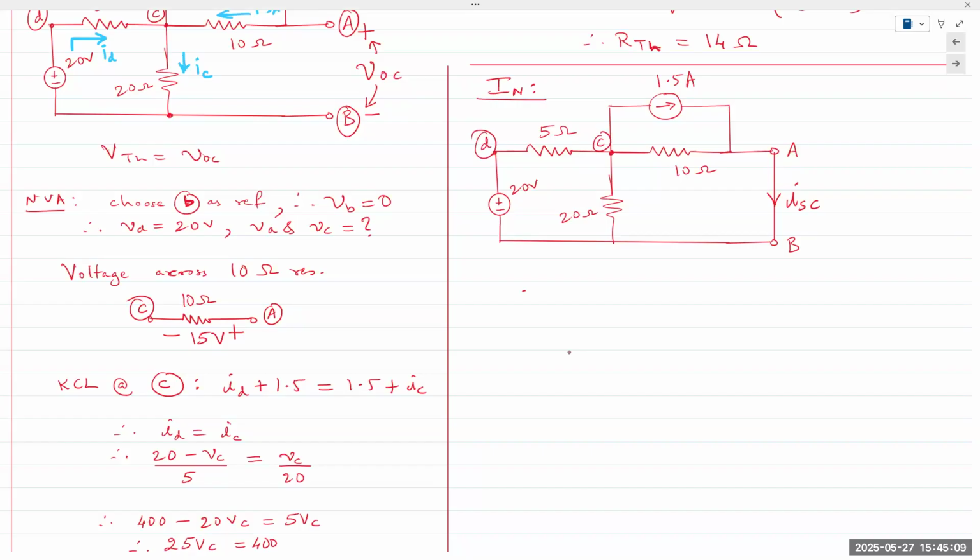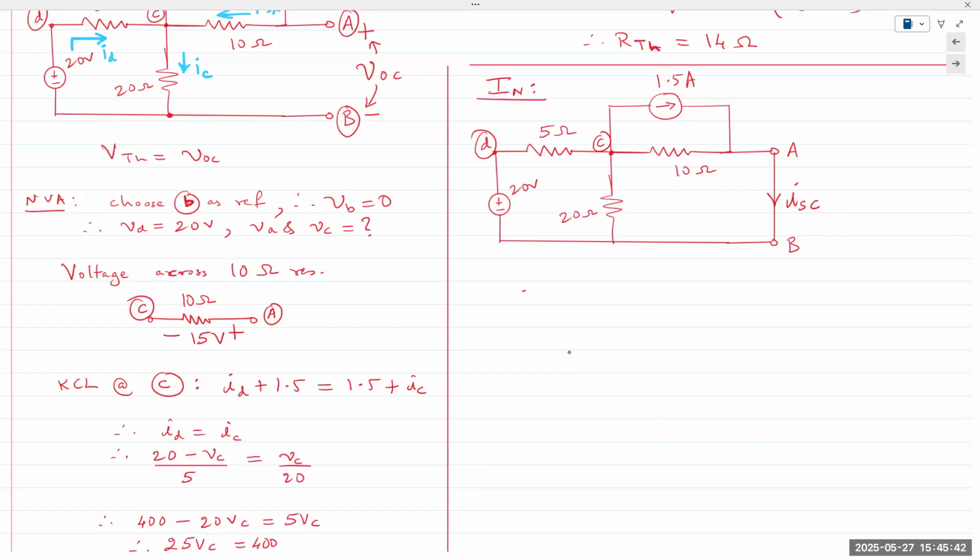In those 3 nodes, if we choose B as our reference node, then we have an answer for VD. If we have an answer for VD, that takes out one more node, and we are left with only one unknown node, which is VC. So we need only one equation. Once we apply that one equation, we can find the value for VC. Make sense? All right.